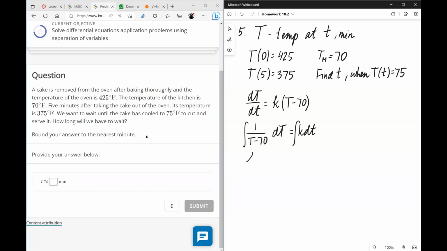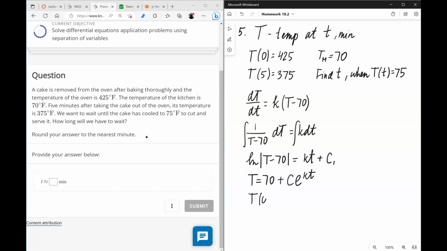Integral: ln of absolute value of T minus 70 equals kt plus c. So T minus 70, let me just cut some corners here, so T would be equal to 70 plus c e to the power kt.